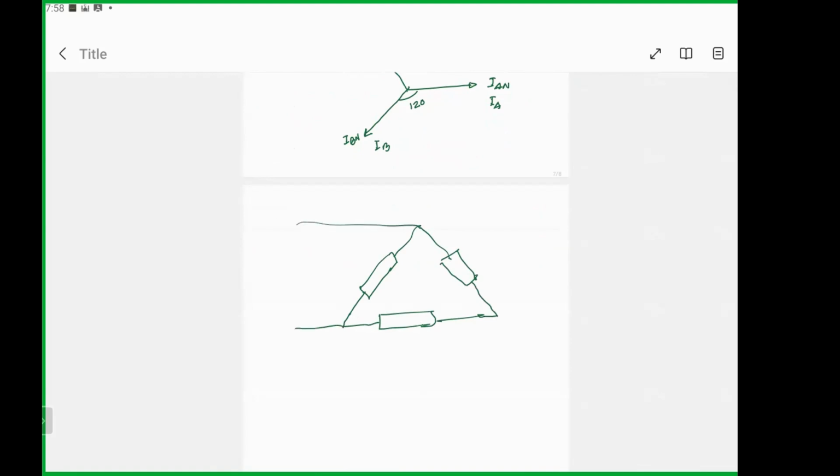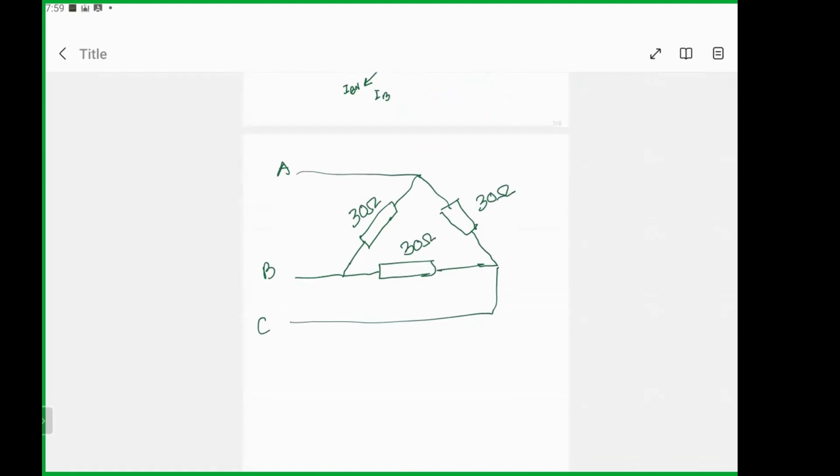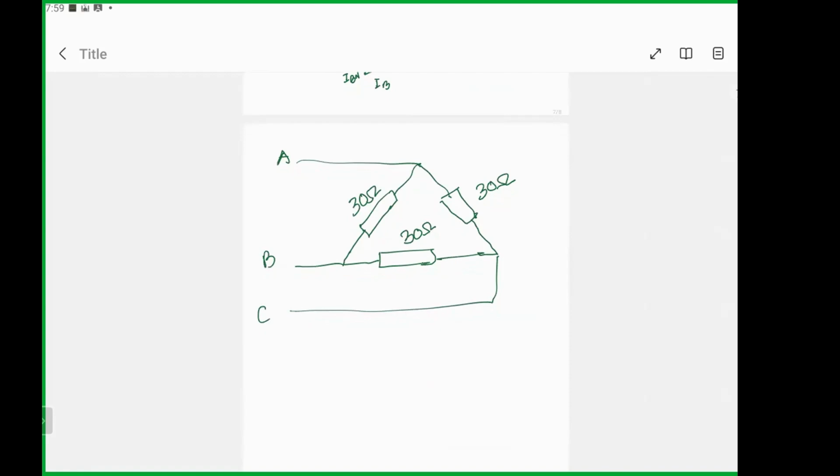So this is A, B, and C. So 30 ohm, 30 ohm, 30 ohm. So try to do this, and that will clear your idea. And whenever you draw the phasor diagram, then you can get insight of each quantity.